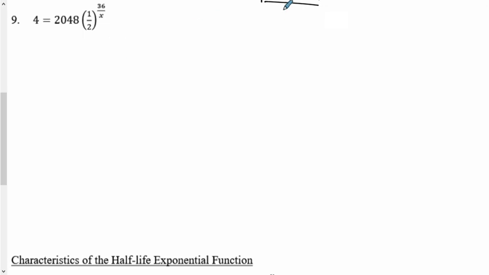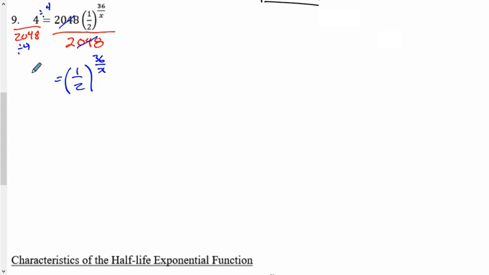Well, I hope this was your first step to divide both sides by 2048. So here they cancel out, and on the right side I have a 1/2 to the exponent 36 over x. On the left side, I'm going to again divide by 4 on the top and the bottom because I'm expecting there to be a common factor of 4, and there is.